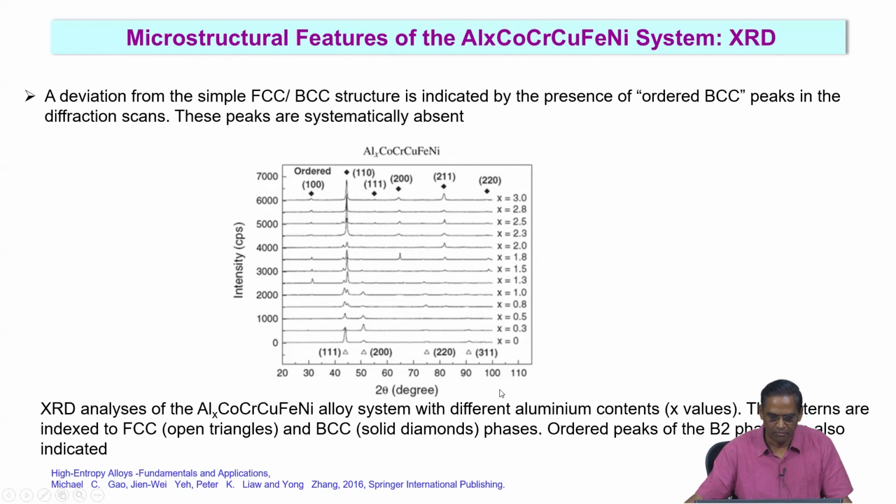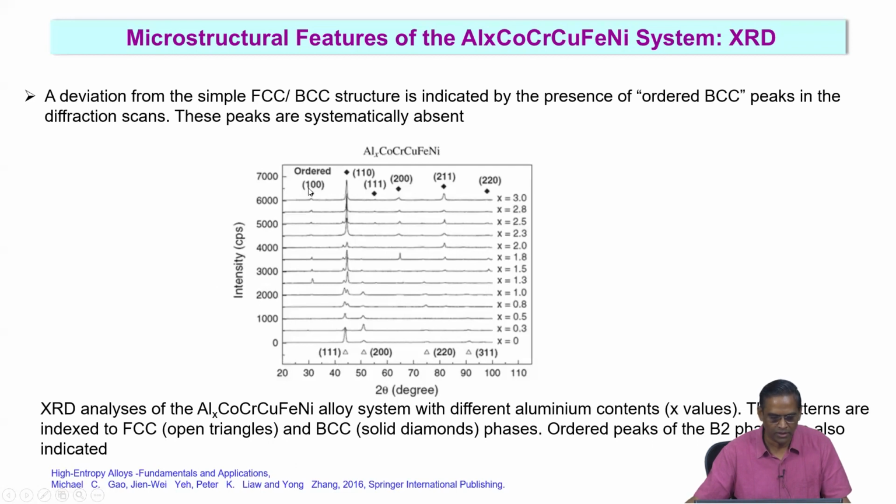You must have already seen this several times. What is the selection rule for identifying BCC, FCC, and so on? These patterns are indexed to FCC, open triangles, and BCC, solid diamonds, and then ordered peaks of the B2 phase.